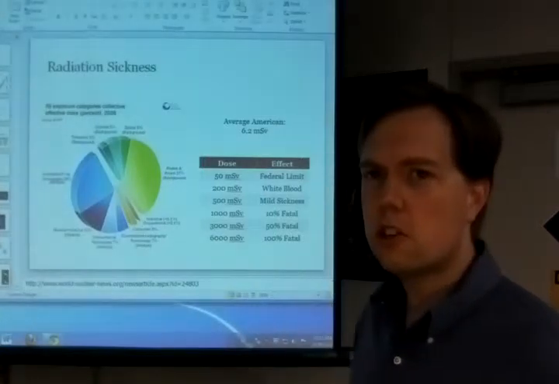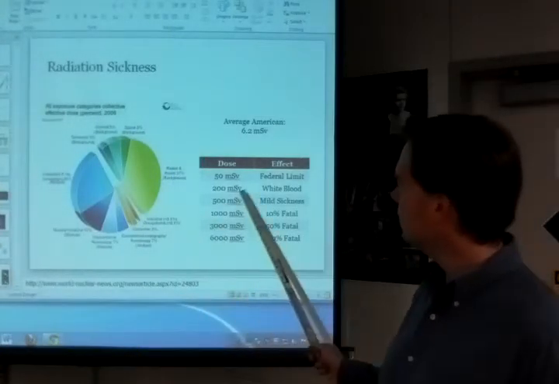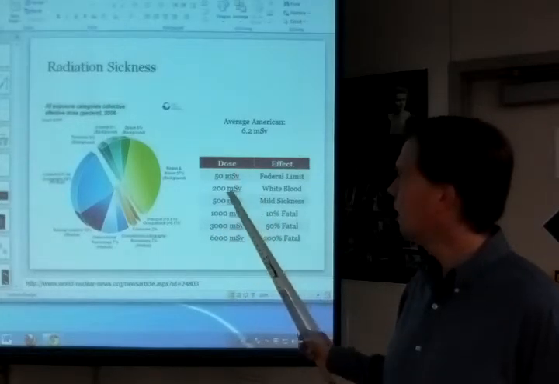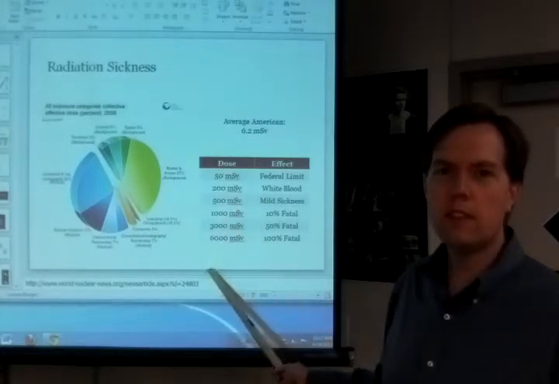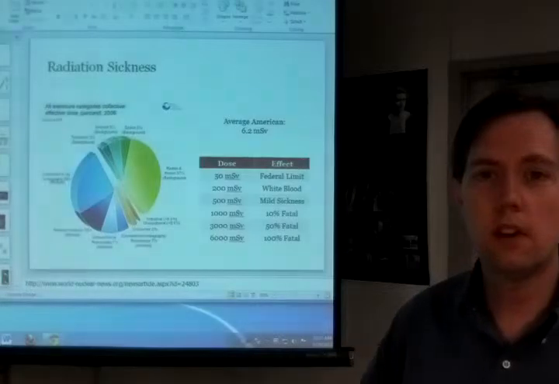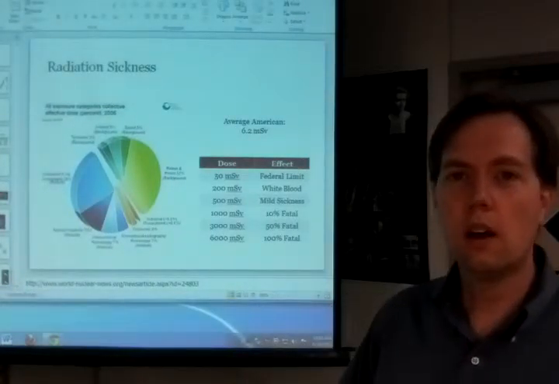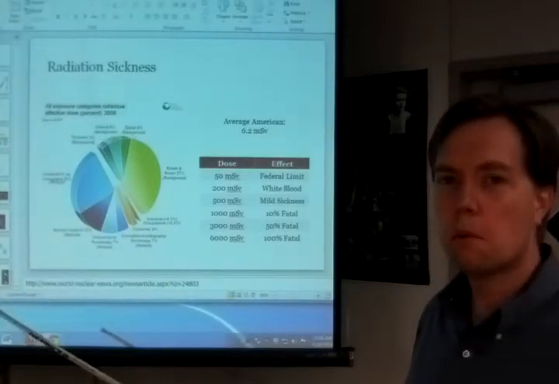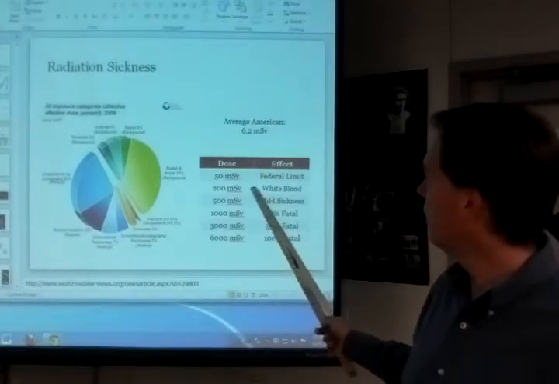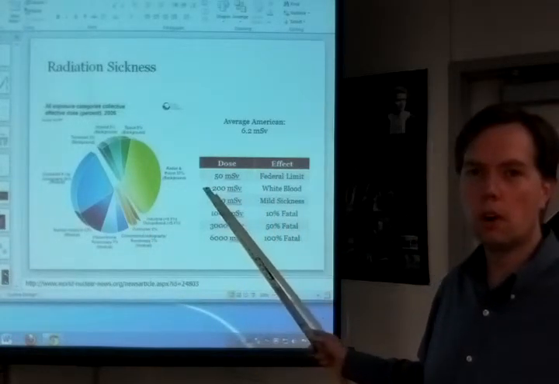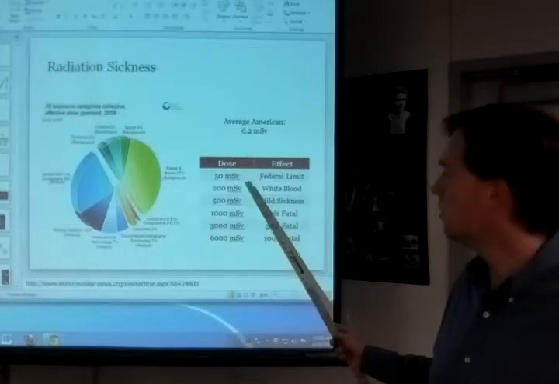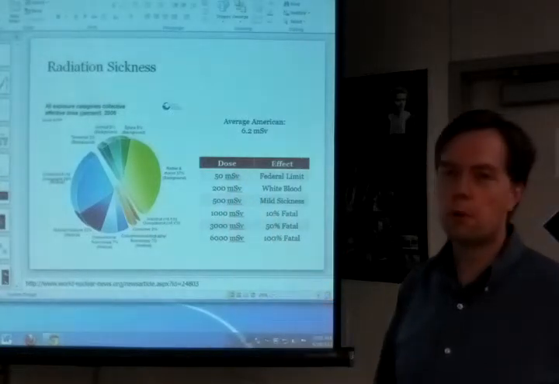And so on this chart here, this shows, basically, how many sieverts of radiation dose, how much damage they do. So, there's a federal limit for people who work in nuclear industries of 50 millisieverts per year.